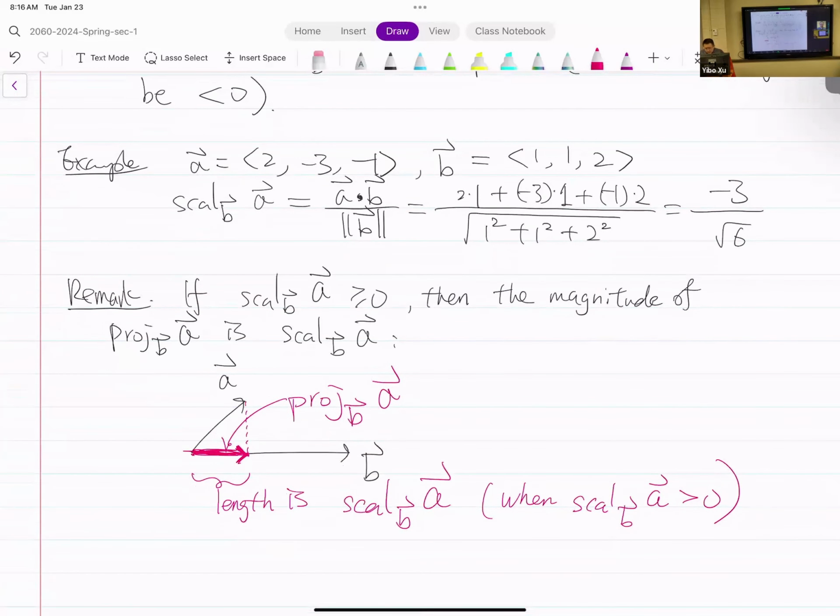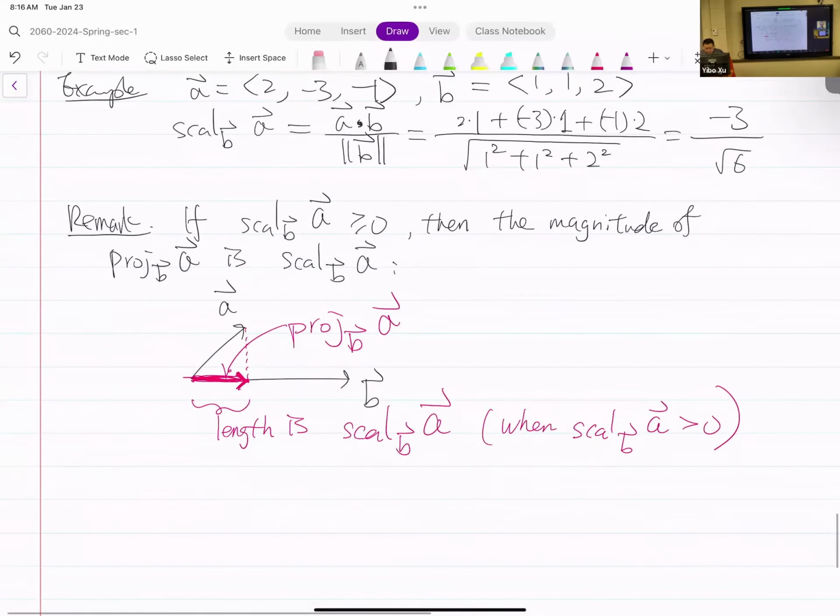Basically, this is saying that if I have this direction B pointing towards the right, you can think about it as a real line. As long as your scalar projection is positive, you will just stay on the right-hand side of the tail of vector B. But in the other case where the scalar projection is negative, that tells you the angle is a little bit too large.